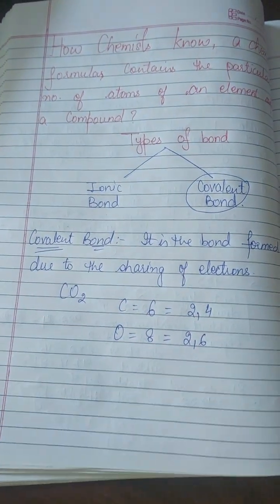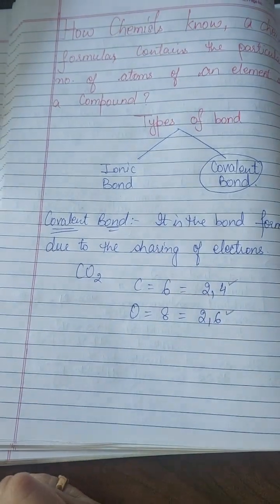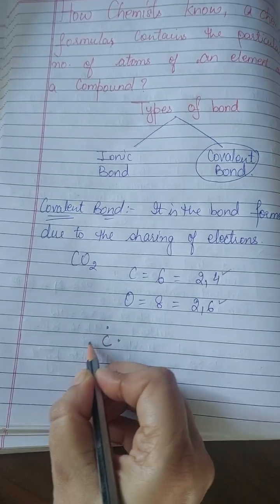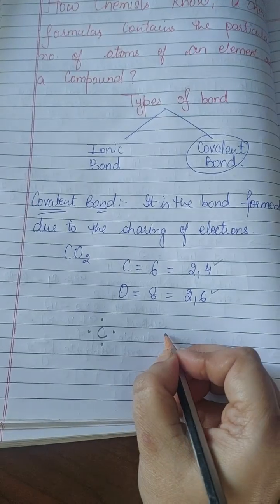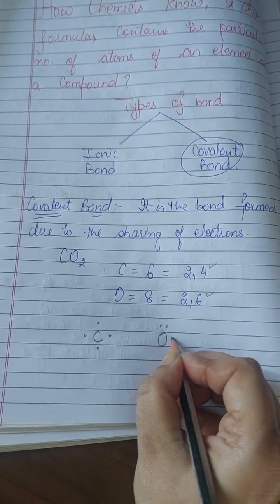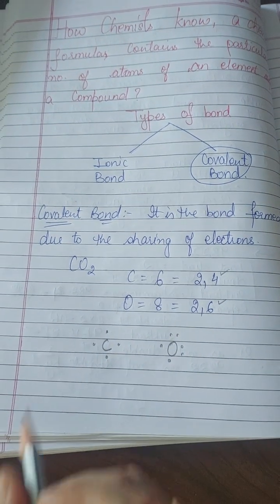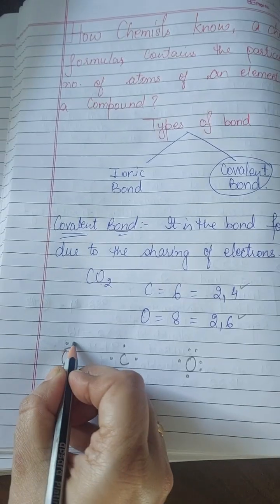We will use their valence shell electrons to share. Carbon has 4 electrons and oxygen has 6 electrons in its valence shell. Now carbon dioxide has 2 oxygen atoms.